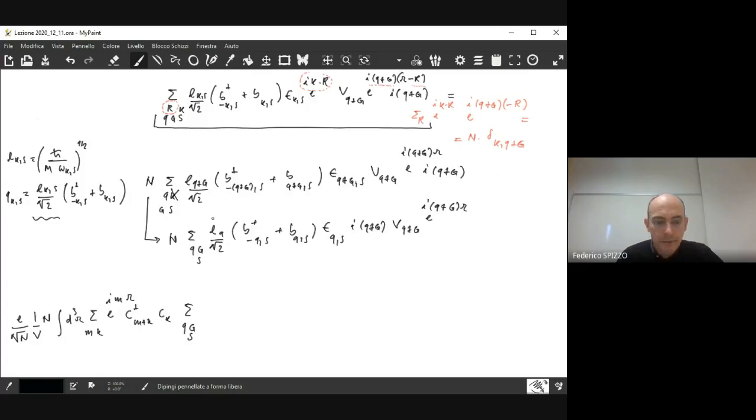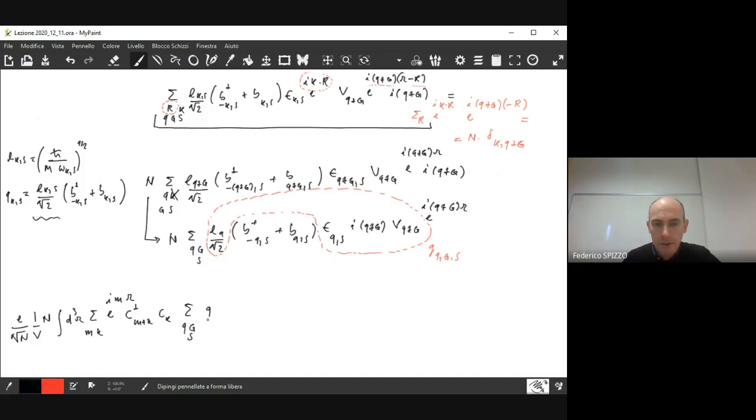This factor here is called g of q, G, and s, just to simplify the expression.